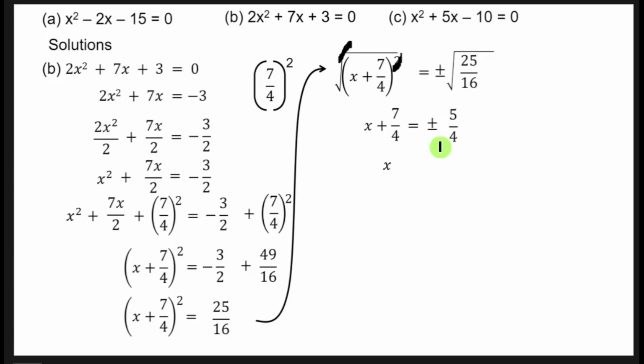So now here what you are going to do is to say x is equal to, so you get this one first.